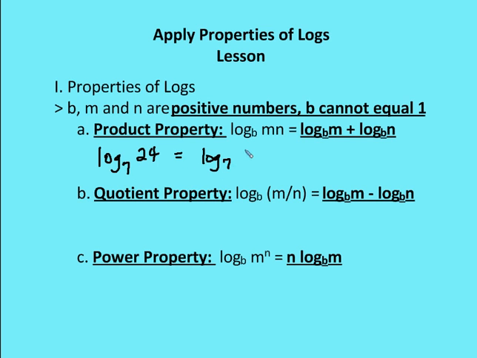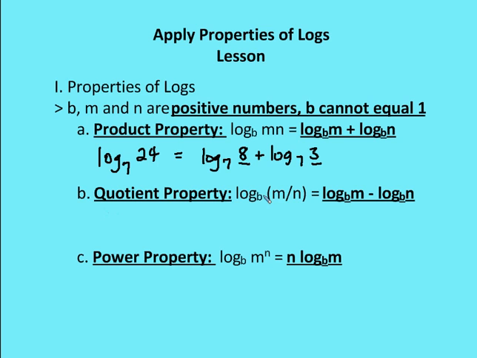So we keep the same base. And now for a product of 24, we could use several different factors of 24, but we'll just use these as an example. Log base 7 of 8 plus log base 7 of 3. So we can take the factors of 24, keeping the base the same, and now we're adding the two logs with the same base, but using the different factors of the original log expression.